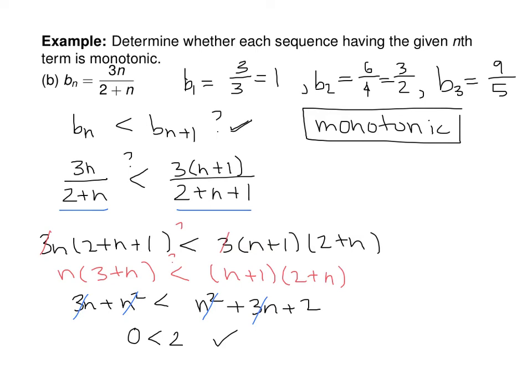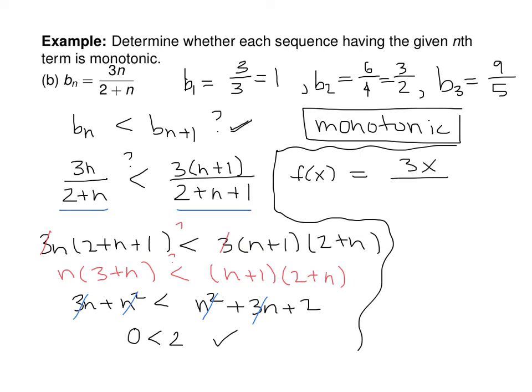Now that's not the only way that you could show this. There's actually one more way to do so. Define the function f of x to equal 3x over 2 plus x, and then find the derivative.